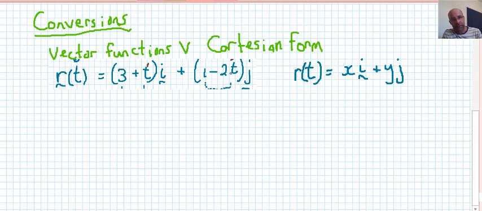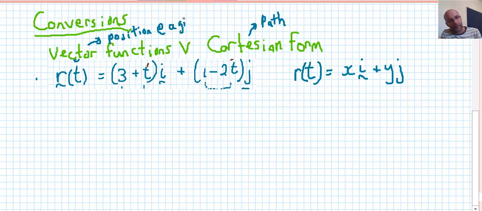Okay, so that's the link between the vector valued function and the Cartesian form. So to convert this given one here to a Cartesian equation for its path, because that will give the path, because it's distance in one direction versus distance in the other, and that's what a path is. Whereas this vector function is position at a given time. Not the same thing, as I said a couple of times already.